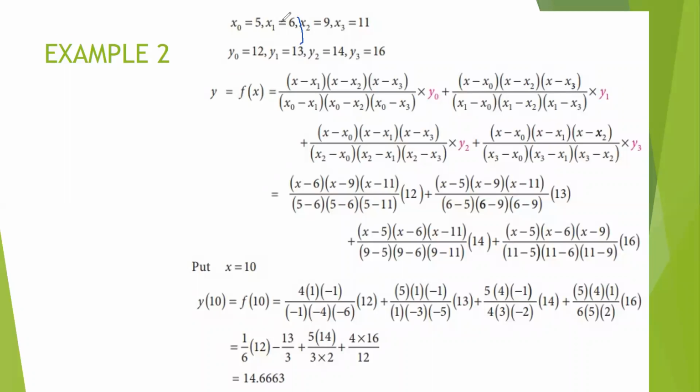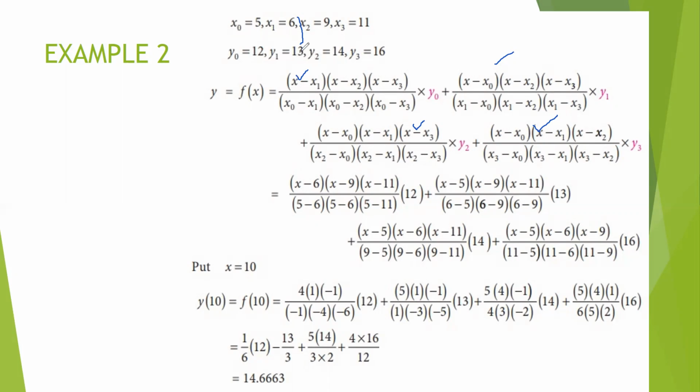Almost it falls nearer to 9. And these x values are 5, 6, 9, 10, and they are not equally distributed. So we need to consider Lagrange's interpolation formula here. First x0 will be missing, next x1, next x2, next x3. Depending upon the number of x values provided, we need to write that number of terms in the formula.